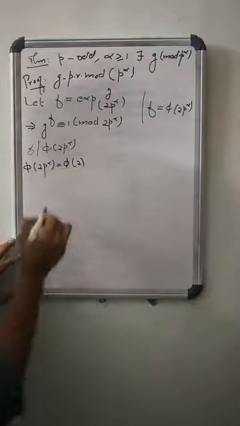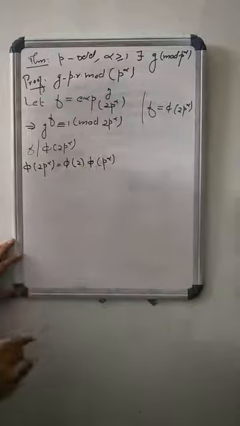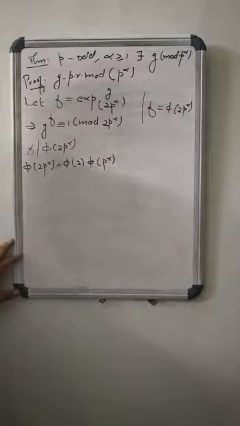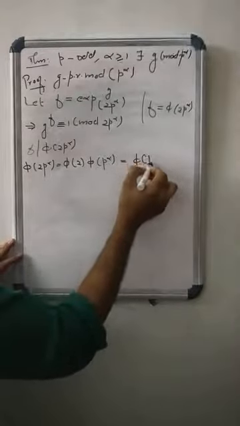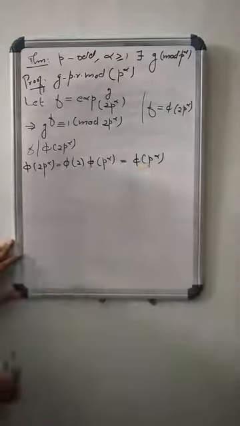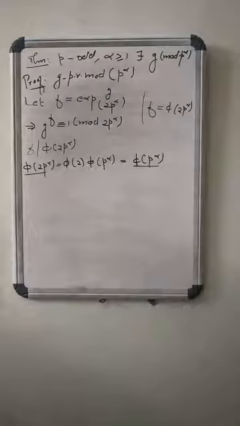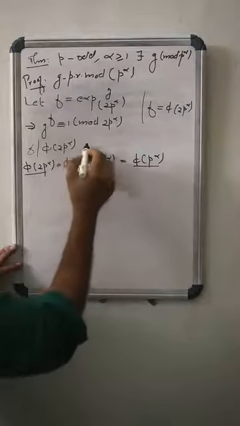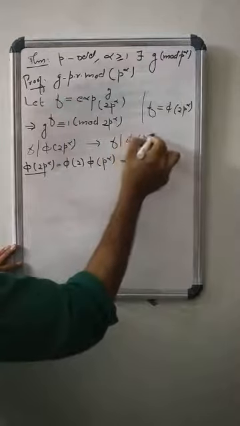Since phi, the Euler phi function, is multiplicative, it is phi of 2 times phi of p^alpha. What is phi of 2? Phi of 2 is 1. So phi of 2p^alpha equals phi of p^alpha. Therefore f divides phi of p^alpha.